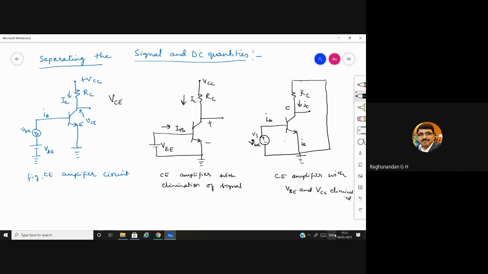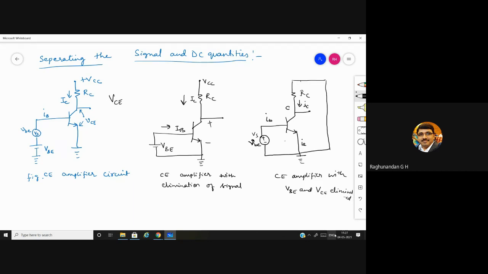That is the output voltage we are getting, because whether we write it as V naught or VCE, it is the same, because the output is always taken across the collector and the other terminal to the ground. The emitter is grounded, so obviously across the collector and emitter only we are taking the output.